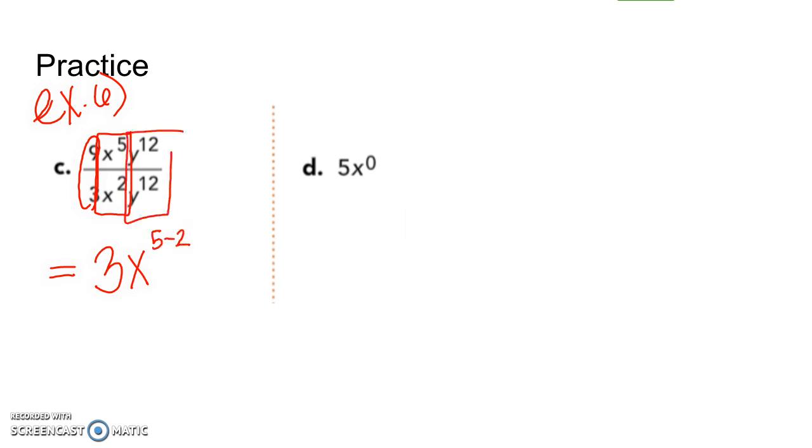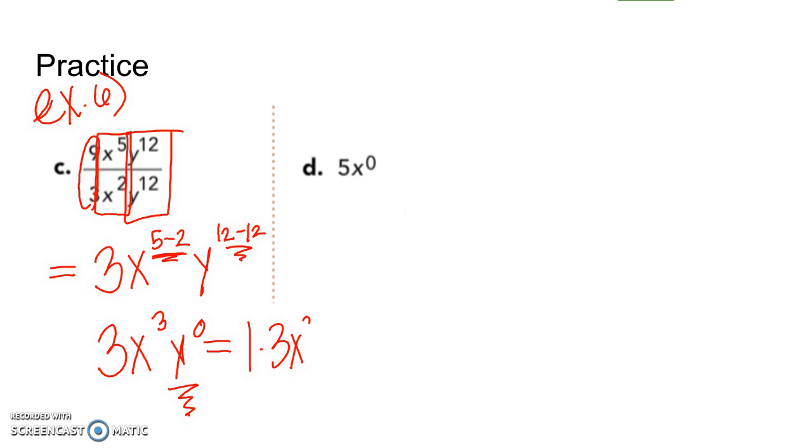And then the y's, we have to do y to the 12th divided by y to the 12th. We subtract the exponents. All right, 3 is just going to stay the same. What is 5 minus 2 here? 5 minus 2, we will get x to the 3rd power. And then for the exponent on the y, what's 12 minus 12? That's 0. Now what did we say about anything to the 0 power? It equals 1. So this equals 1 times 3x to the 3rd power. It just stays the same. 3x to the 3rd power.